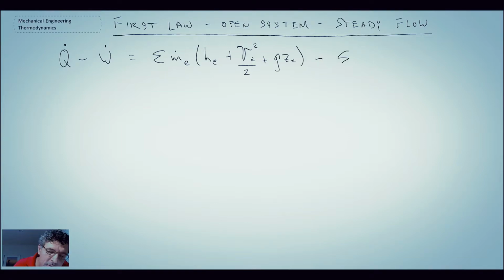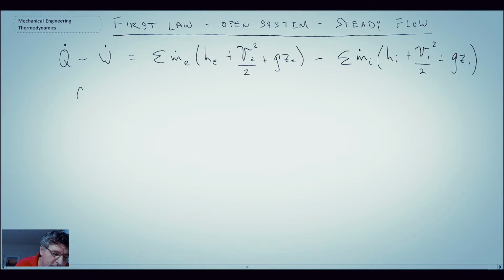And then we subtract the sum of all mass streams entering our control volume. So that is the first law for an open system, steady flow.